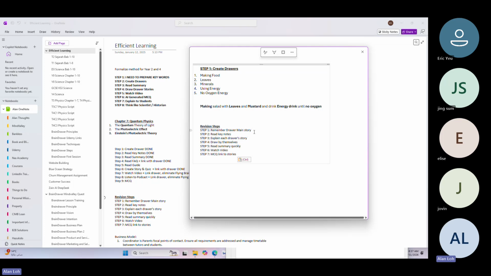And we have Elise, we have Jovin, and we have Jingsam, who is attending the class on these biology processes for the first time. So let's try to follow these steps and hope that you are also able to understand the content of the chapter.